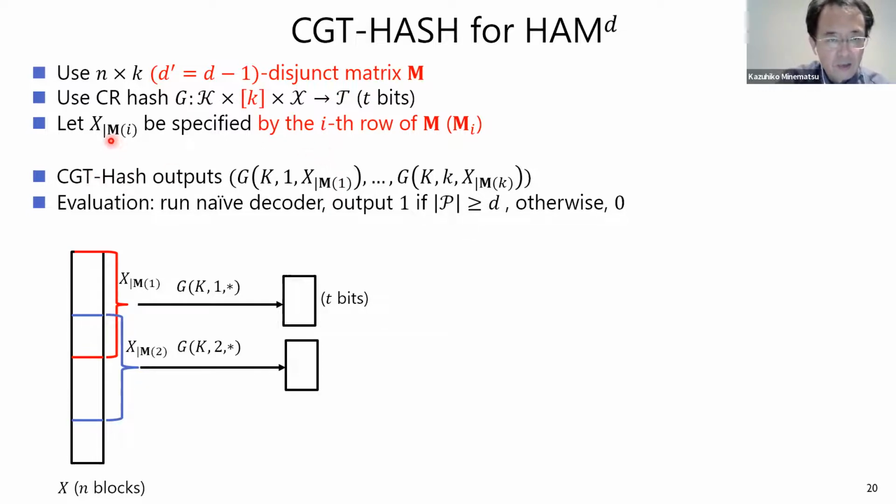Let x sub M_i be the subsequence of x specified by the i-th row of M. Then the CGT hash output is defined as the concatenation of the k hash values, where each hash function takes the subsampling specified by the i-th row of M. To evaluate the Hamming predicate, we run the naive decoder, get the set P, and output 1 if the size of P is larger than d', and otherwise output 0.